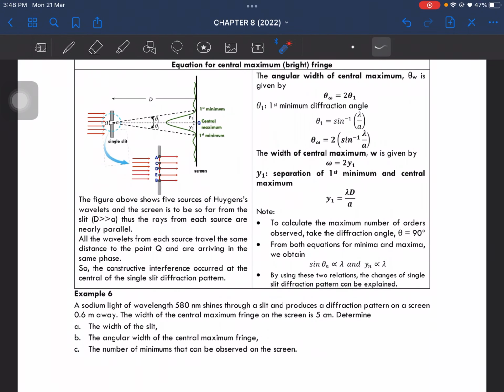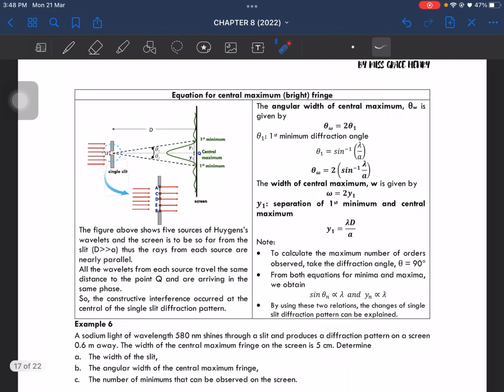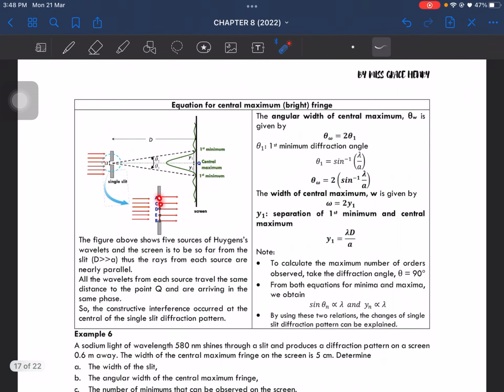So this is the equation for the central maximum, which is the bright fringe shown here. These 5 dots here are basically the 5 sources of the Huygens wavelets, and the screen is to be far from the slit so that the rays from each source are nearly parallel.